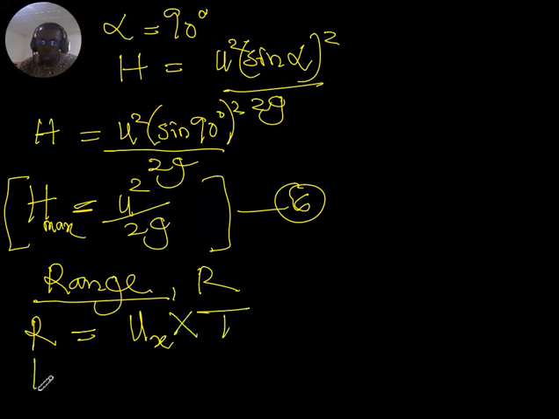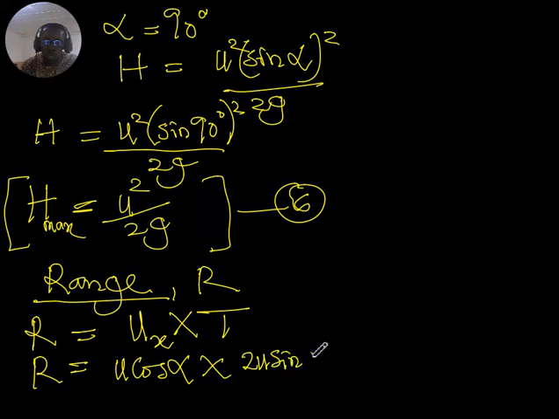So range here gives horizontal component, which is u of x. u of x is u cos alpha, equation 2, then multiplied by time of flight, which is our equation 4, 2u sine alpha over g. So bring that to this part.